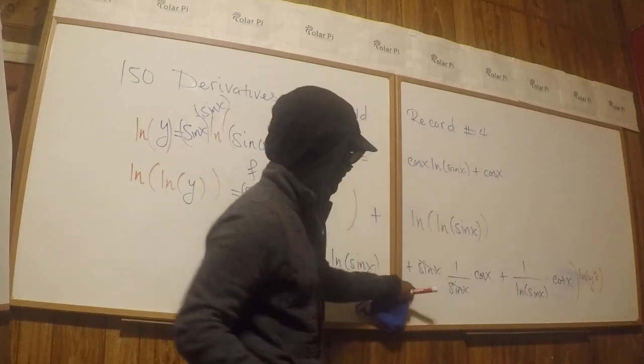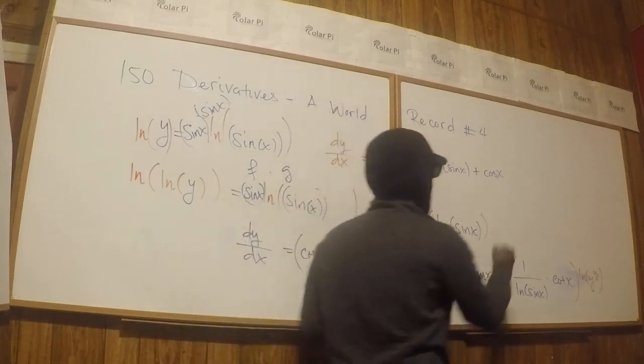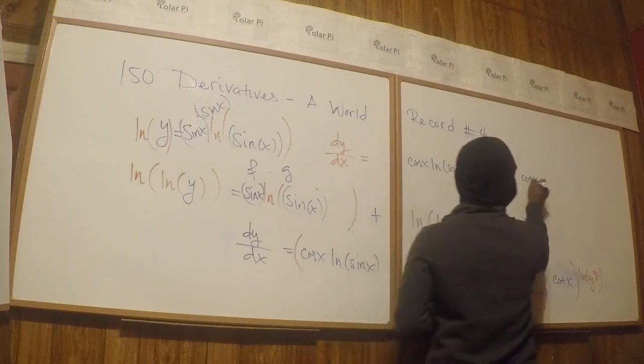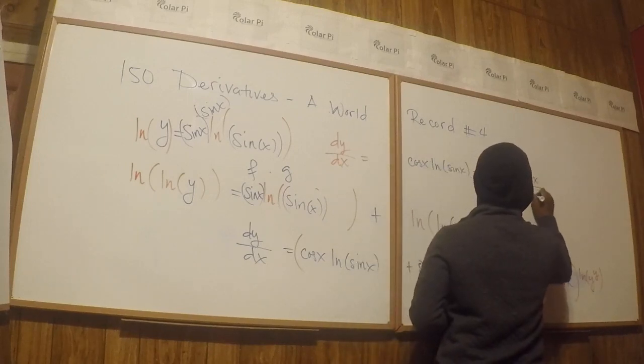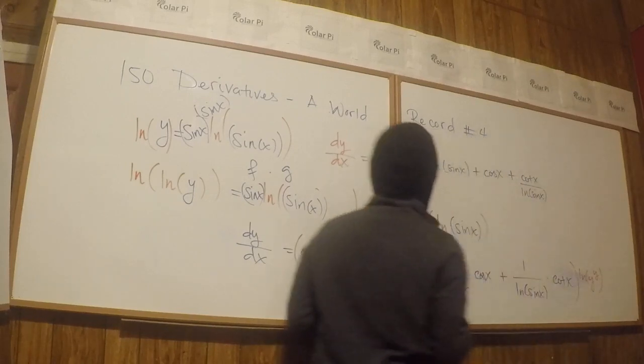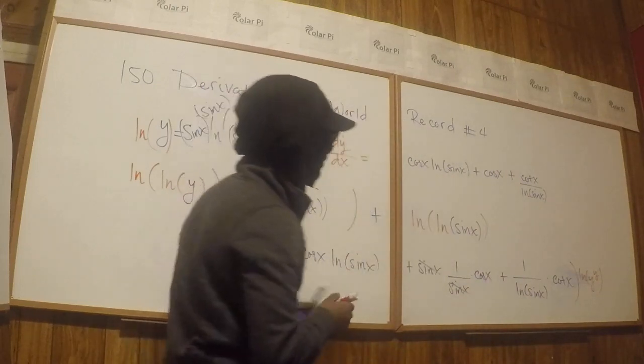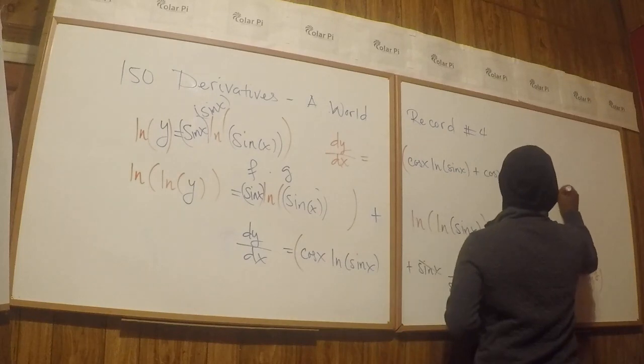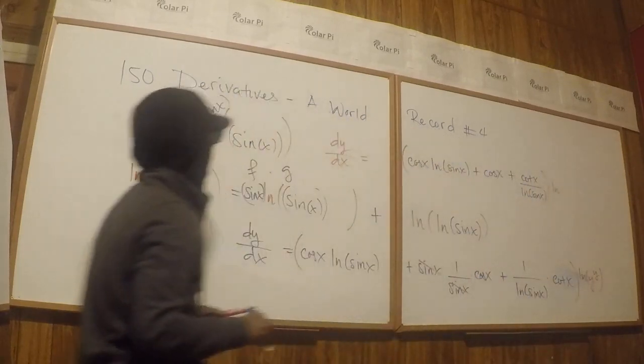That's all that survives right there. And then plus cot x over the natural log of sine x. And all of this is multiplied by the natural log of y to the y, which is the natural log of, remember what y was.